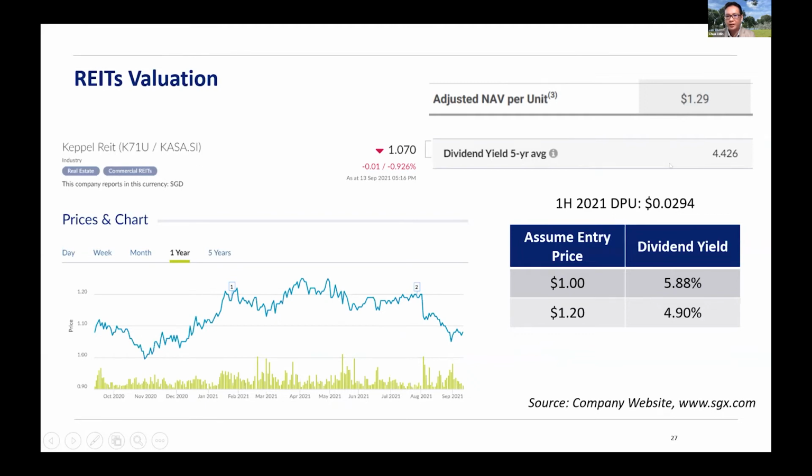They have released the first half 2021 DPU, and I do an estimate of the full year DPU by simply taking this number and multiplying by 2. And I believe I am being very conservative by doing so.